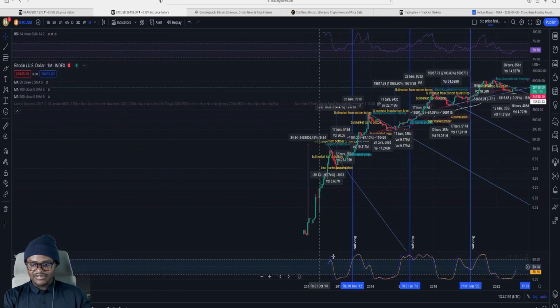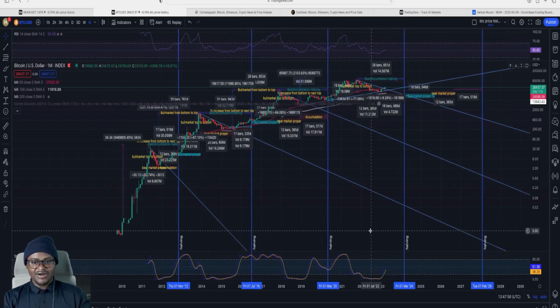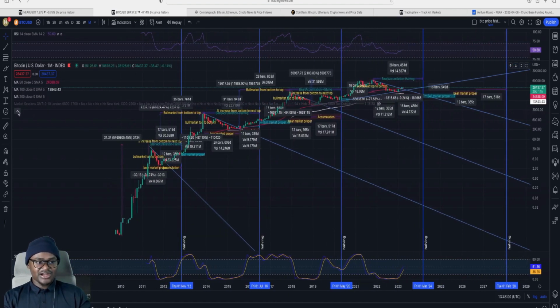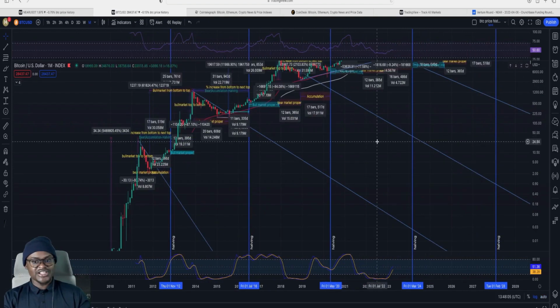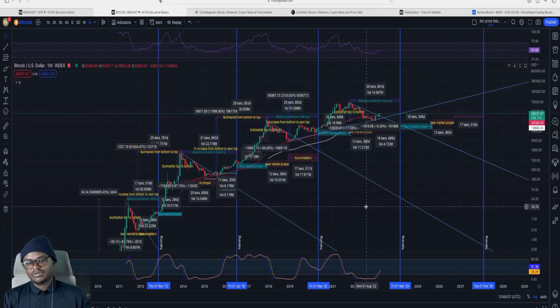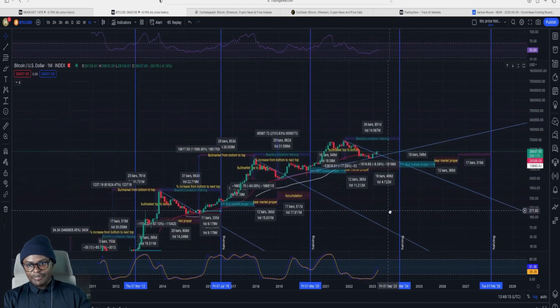Looking at the stochastic right here, we can also see that the stochastic is already halfway to the upside. This thing is bullish. There is no doubt in it. All right, every dip right now, in my opinion, will be an opportunity to buy the dip. I do not believe it will crash to 10k from here, as most people on earth will think. I think right now this thing is bullish and it will continue to go up.